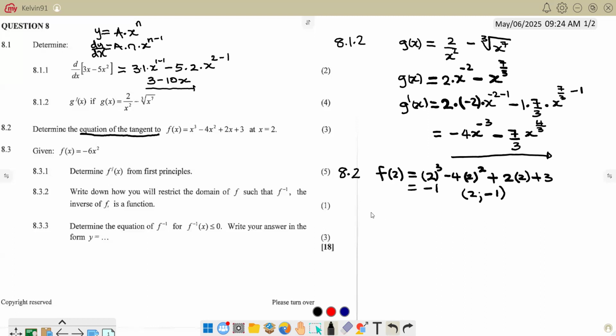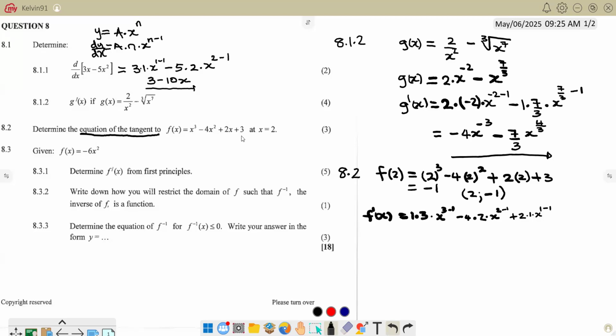So our f prime of x is equal to 3 multiplied by x to the power 3 minus 1, then minus 4 multiplied by the power 2, multiplied by x to the power 2 minus 1, then plus 2 multiplied by the power 1, multiplied by x to the power 1 minus 1.